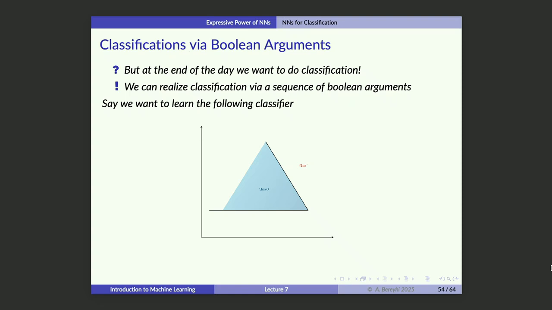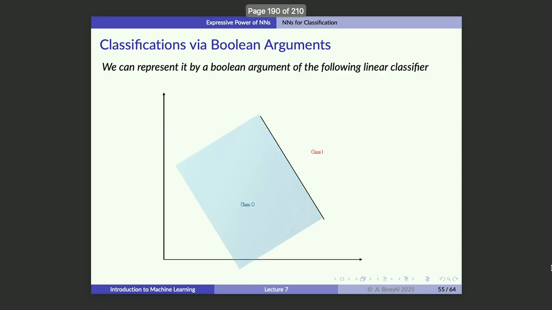Now, is the one on the board a linear classification? Can I do it with one line? No, because whatever line I put, at the end of the day some part of it is going to be classified the same as the region I want between two lines. But I can write it down in the form of a Boolean argument. It means I can think first of the top line, and say anything below it is 0, anything above it is 1.